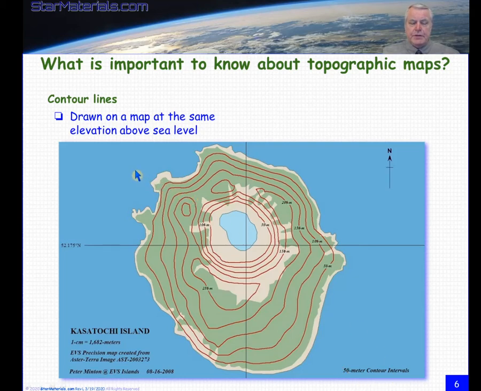So in other words, between sea level and this first line, everywhere on this line is 50 meters above the ocean. This next one is 50, and 50 is 100. So everywhere I walked, if I was on that line, everywhere I walked, I would be 100 meters above the water. And you could see that sometimes they're even marked on the map, so you don't have to count.